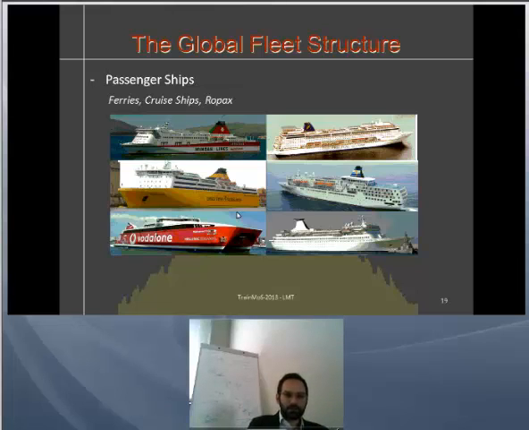This has led to these kinds of vessels nowadays not being sustainable anymore, and there's been a change of trend. Operators cannot afford anymore to move very big ships with very high speeds. They have started reducing speeds, and they are looking into vessels with less power and smaller capacities.